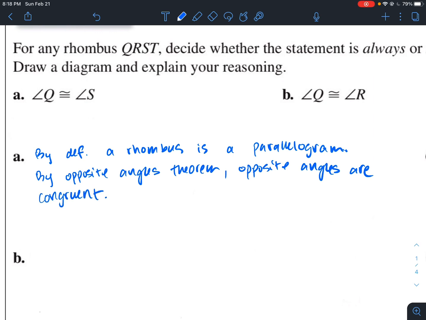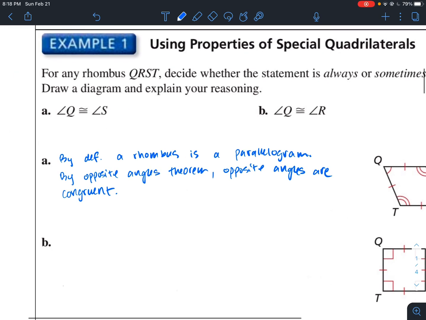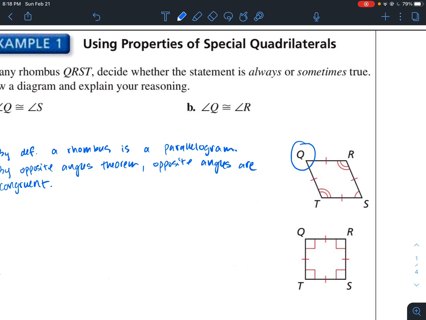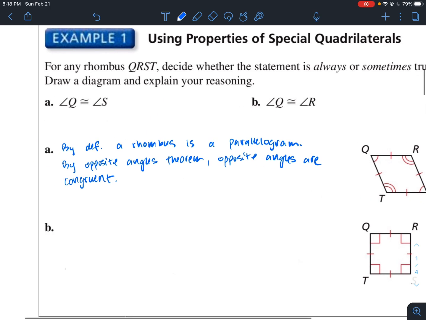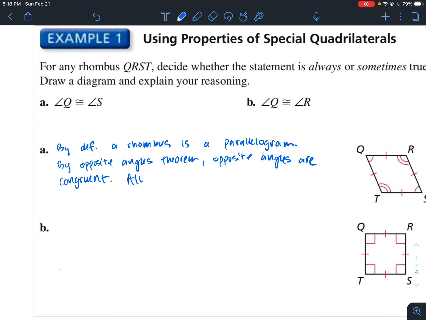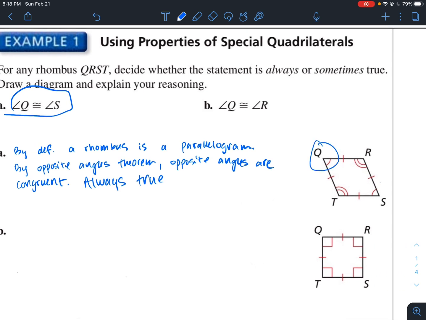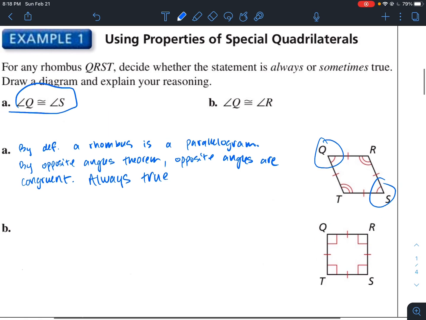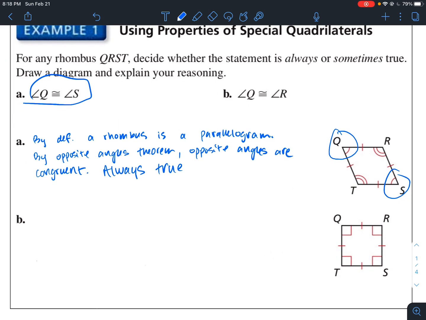So that means for any rhombus, this is true. For any rhombus, Q and S will be congruent. So this will always be true. So this statement right here, Q is congruent to S, that's always going to be true. For any parallelogram, or for any rhombus, Q and S, opposite angles, will always be congruent.